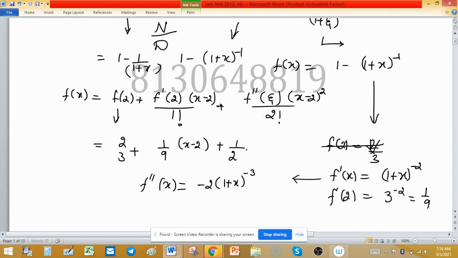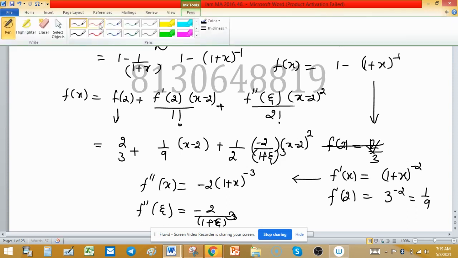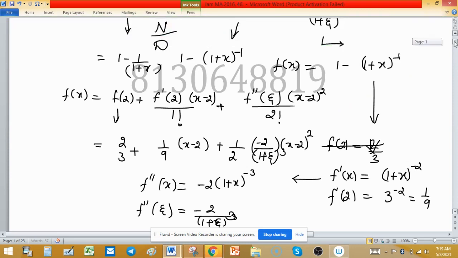So f double prime(xi) term will be minus 2 upon (1 plus xi) raised to the power 3, and I can write this as minus 1 upon (1 plus xi) cube times (x minus 2) square. Now compare this with the function as given.